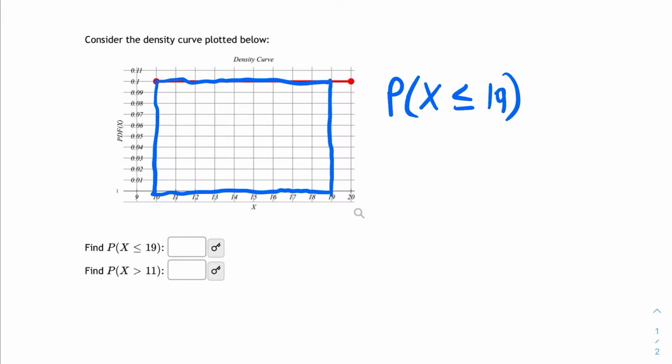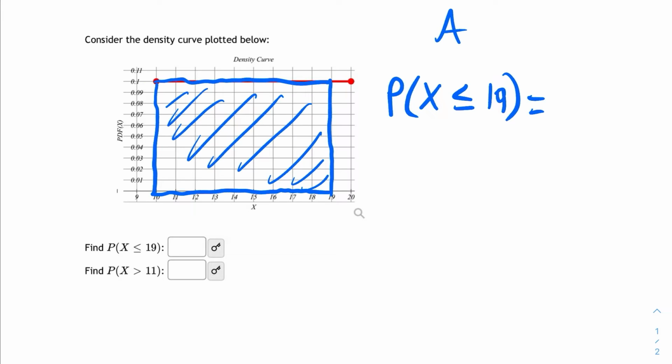So I'm looking for all this area right here. Now, the good thing is this is just a rectangle, and the area of a rectangle is an easy formula: length times width. In this case, the length of this rectangle takes us from 10 to 19, so the length is 9.